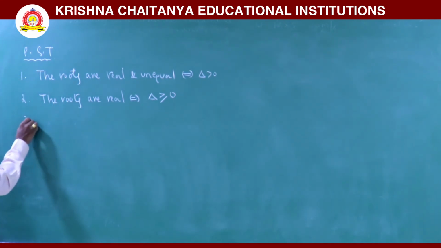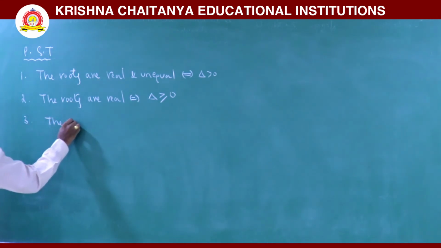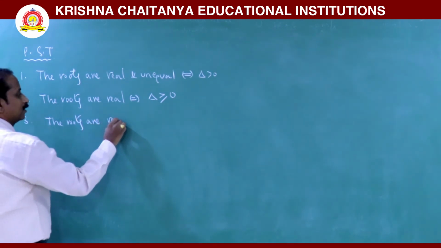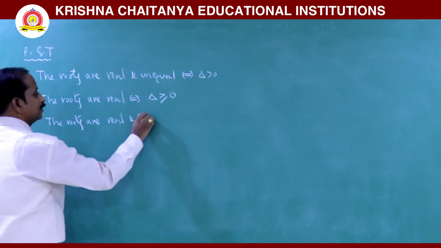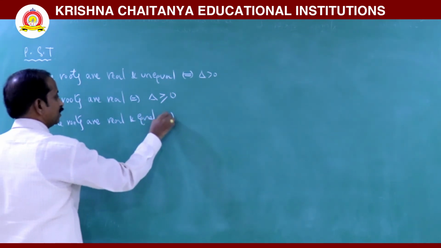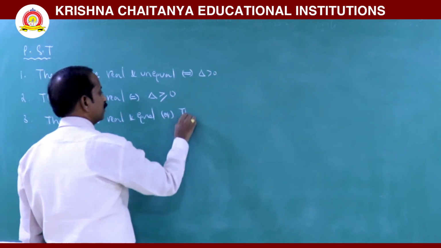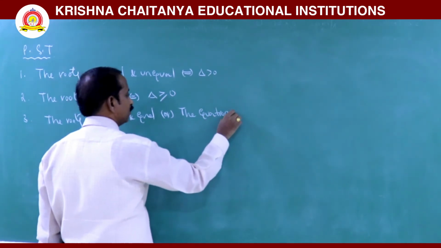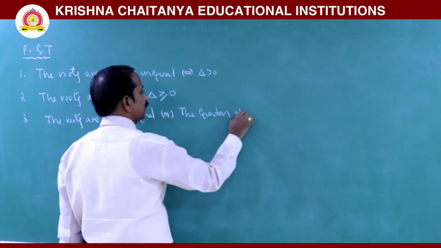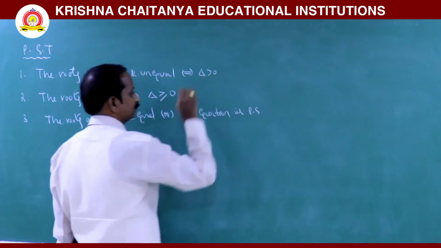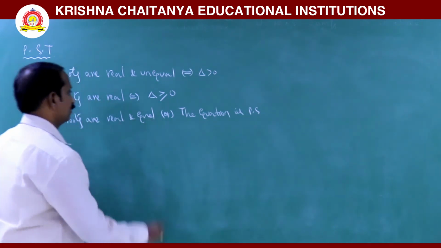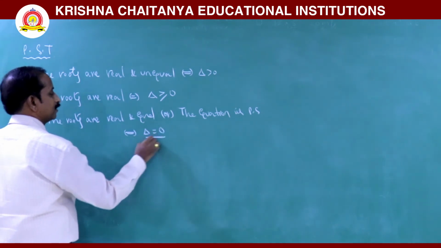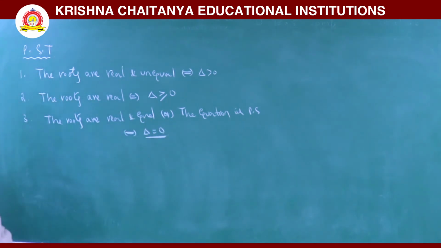Next, if the roots are real and equal, or in other words the equation is a perfect square, we can show or prove that delta is equal to 0.